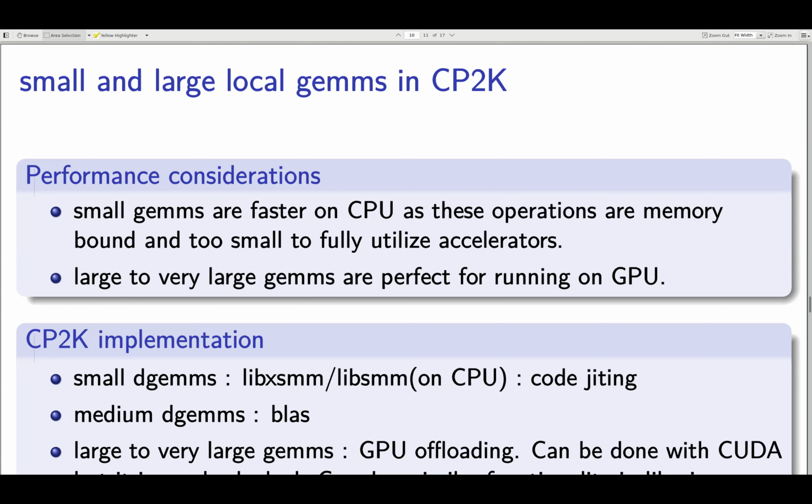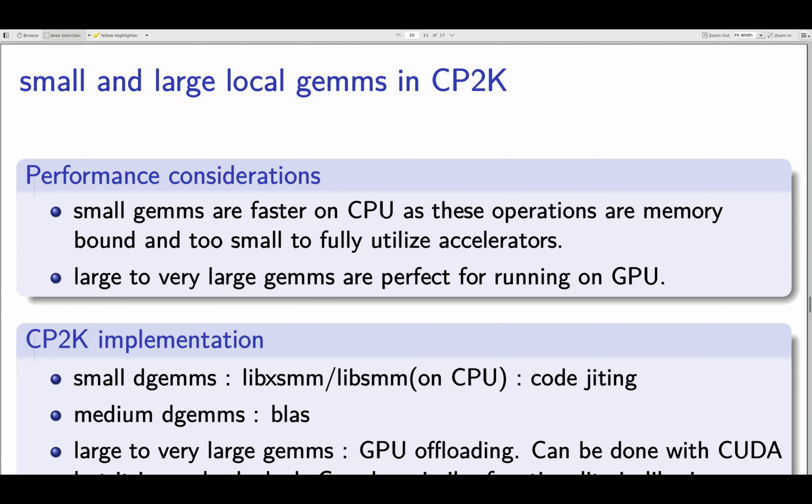In general, small matrix multiplications are faster to run on CPU because these operations are memory bound and often too small to fully utilize a large GPU. On the other hand, very large DGEMM, running them on GPU is actually more efficient than running them on CPU.